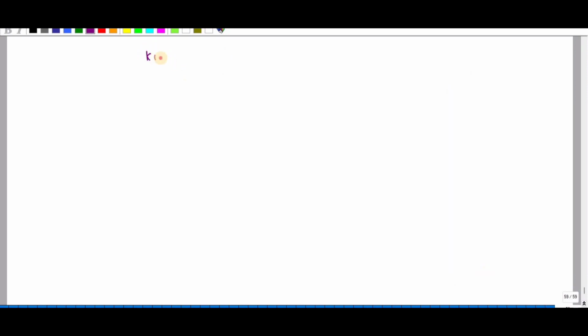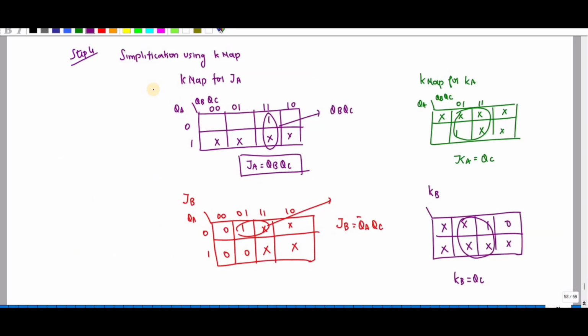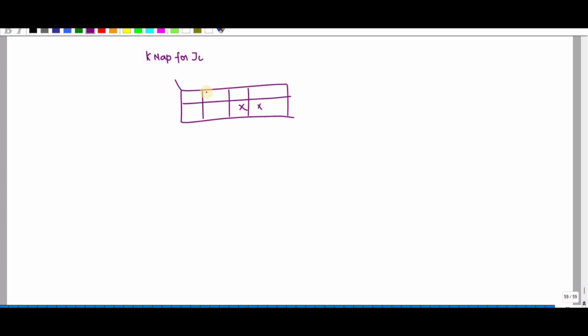Next K map for JC. So what is the value? 1 x 1 x 1 x. Okay, so 1 x 1 x 1 x. So JC value is equal to 1 because I can group all these values.